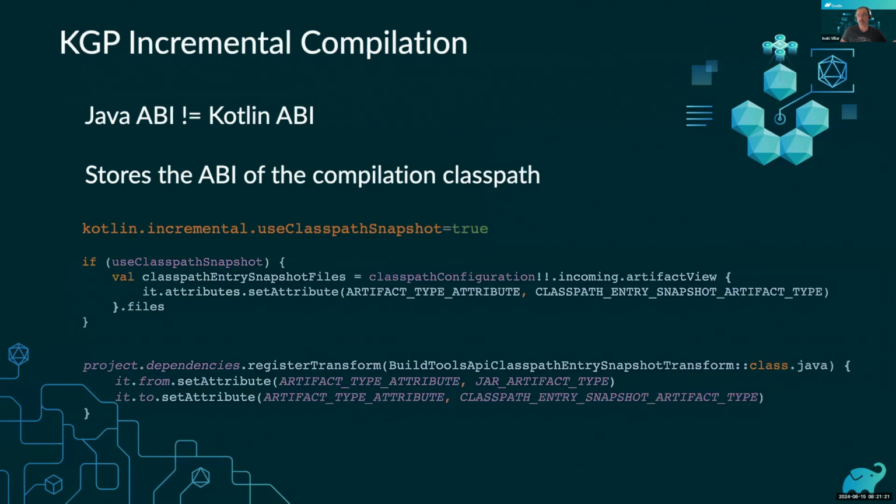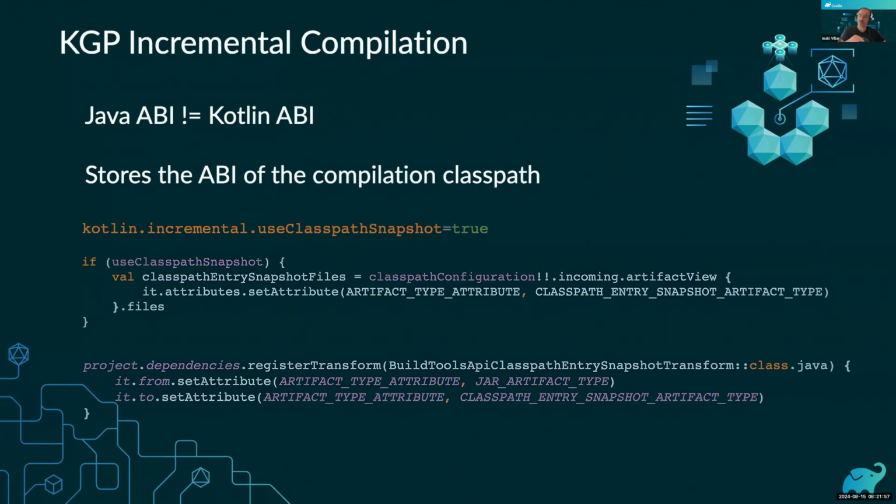So what's interesting for us in this talk is that in the code of the Kotlin Gradle plugin, we can see that when we enable this property, which is the default since 1.8 or 1.7, the artifacts of the classpath configuration for the Kotlin compiler are going to require that the input artifact has to contain the attribute classpath entry snapshot.